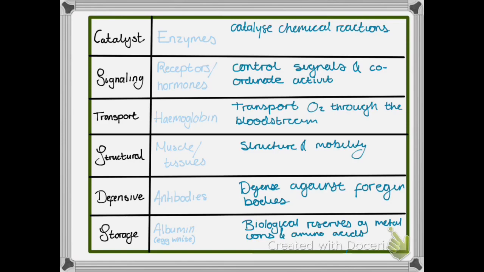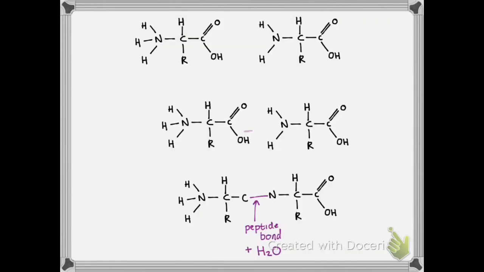And then you've got storage proteins, such as, I can never say this, ovalbumin, however you pronounce that, which is egg whites. These are biological reserves of metal ions and amino acids, which are the building blocks of life. If you did biology at A level or maybe even at GCSE level, you'll know that proteins are made up of amino acids.